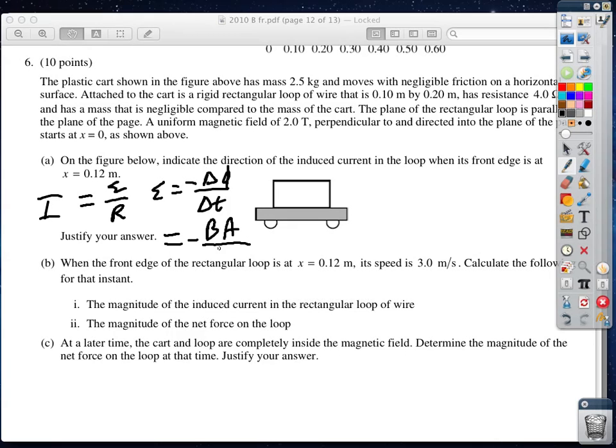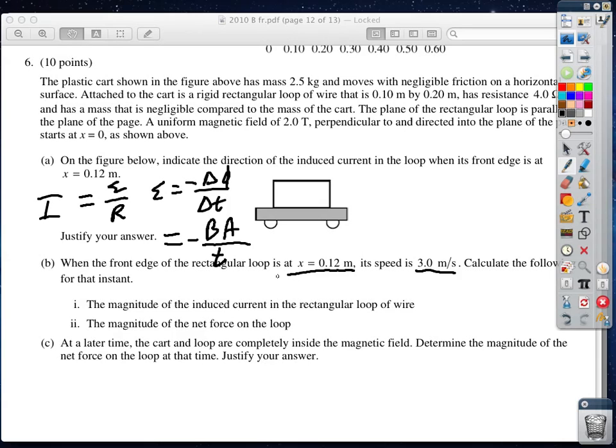Then we just have to find the amount of time it took to get in there. They said this was moving 3 meters per second, and it traveled this far into it. Please tell me that there's a constant speed. Didn't really say. We're going to assume it's a constant speed because that would be a pain.